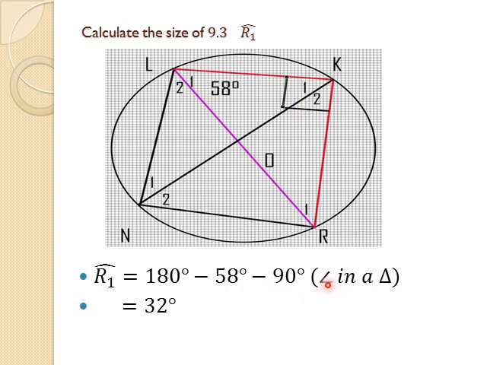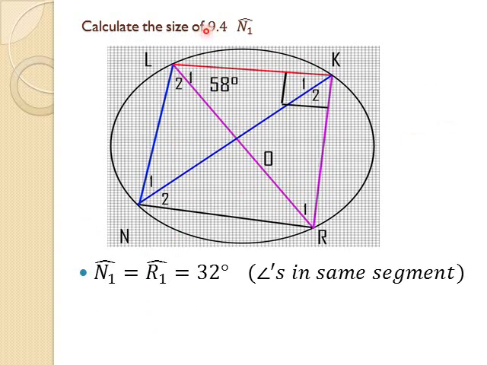My reason, angles in a triangle. A lot of teachers would say you must write equals 180, but the angles in a triangle equal 180 degrees, so it's technically written there. If I subtract, R1 gives me 32 degrees.